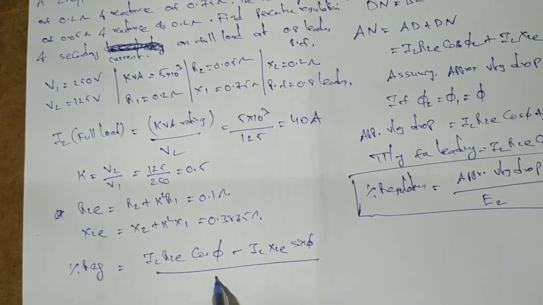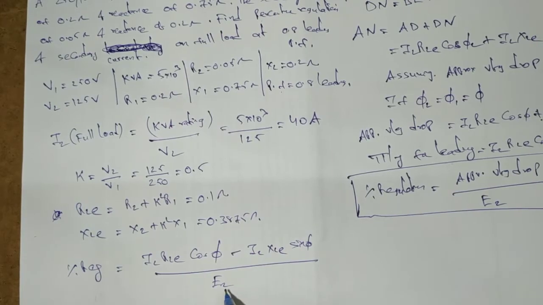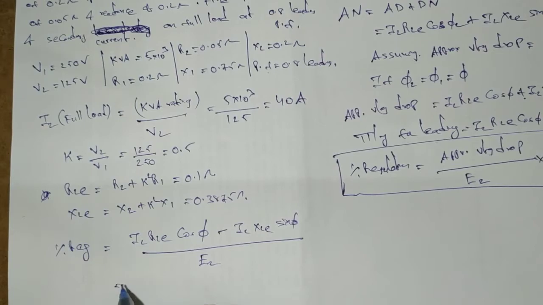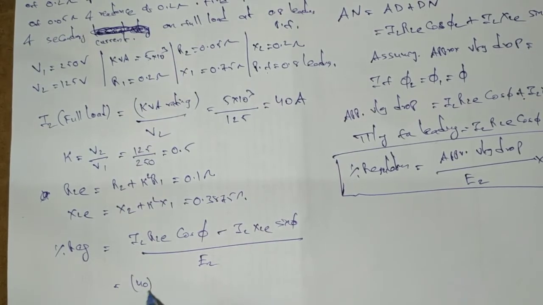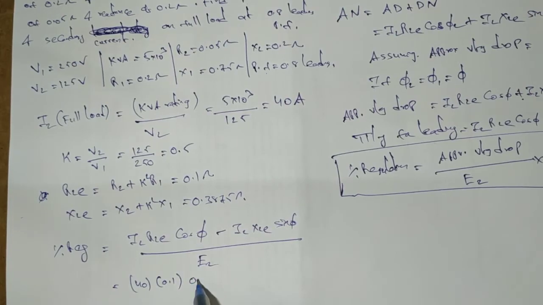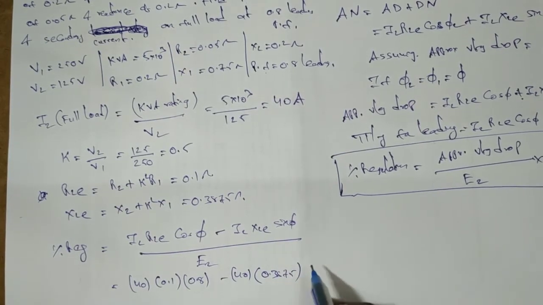Finally, percentage regulation is given by I2 R2e cos phi minus, because the power factor is 0.8 leading, minus I2 X2e sin phi, divided by no load voltage E2. The I2 value we have already found as 40 amperes, so substitute 40. R2e value is 0.1, cos phi value is 0.8, minus I2 value 40, X2e value 0.3875.